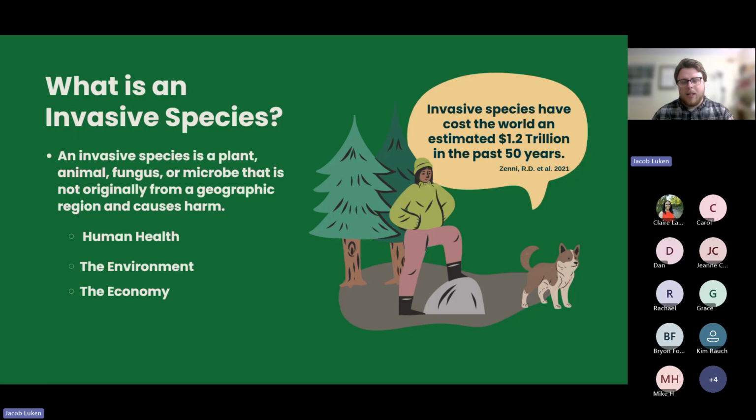So there is an economic impact to actually remove those. Whereas on the other side, zebra mussels, which cause primarily economic harm, have really sharp shells. So they can cause harm to humans if they're in the water where we're out wading around. And invasive species have cost the world an estimated $1.2 trillion in the past 50 years, and that's as of 2021. And things are not getting cheaper, of course.